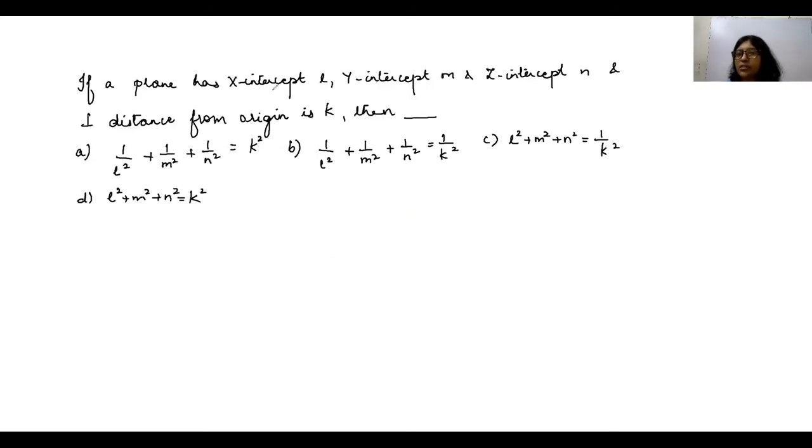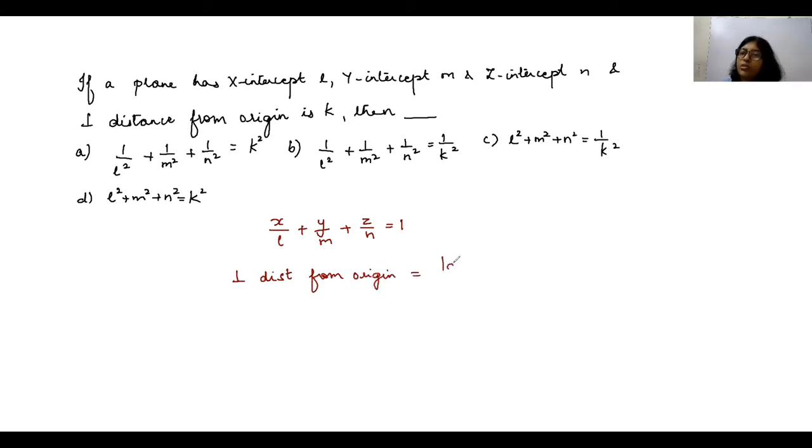Here we have a plane and it makes L, M and N intercepts. So taking the intercept form of the plane, we are given its perpendicular distance from origin is k. So write down the formula of perpendicular distance from origin.